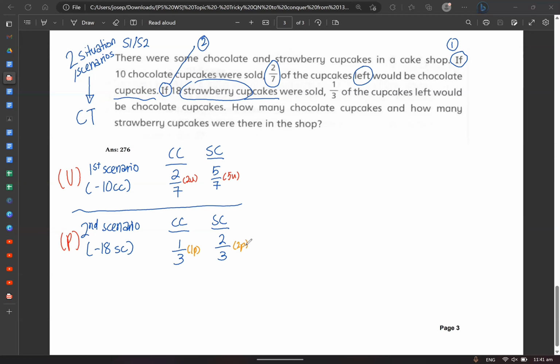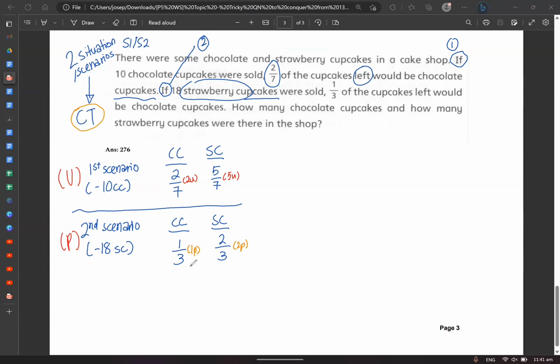But there's one thing that is the same. What do I mean by constant total? What is constant? The items are constant. The total number of chocolate cupcakes in the first scenario must be equal to the total chocolate cupcakes in the second scenario. Does that make sense?